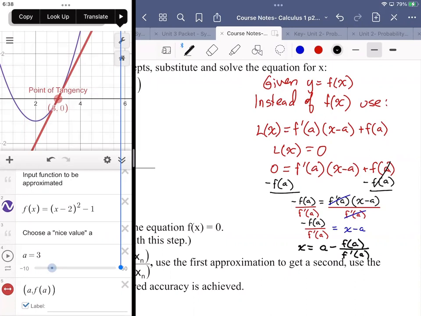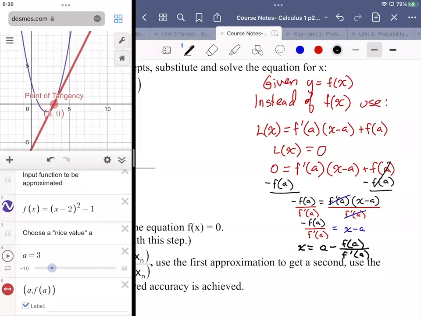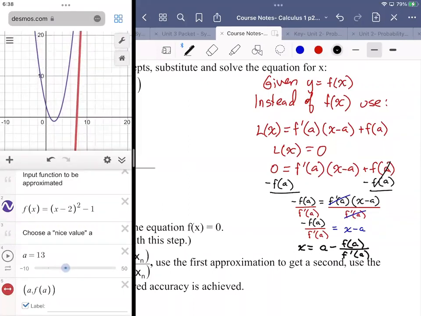So for example, like in my Desmos, I have a pretty good tangent line if I'm looking for the roots, where if I solve by setting my tangent line equation equal to 0, my linear approximation equation equal to 0, I'll get the root because it's spot on. But if I have my tangent line somewhere over here, then by setting my tangent line equation equal to 0, I'm going to get a root that's nowhere near what the correct root is. Right?